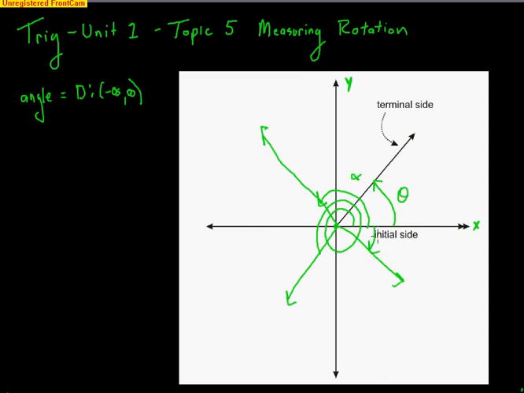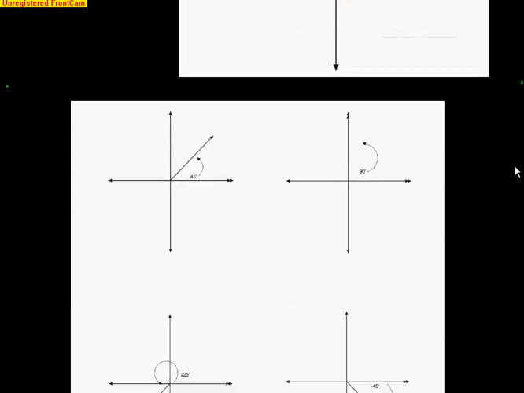So positive angles go in a counterclockwise rotation, and negative angles simply go in a clockwise rotation. Okay, so this is what I'm trying to show you, that the domain here of angles is really all values, negative infinity to positive infinity.